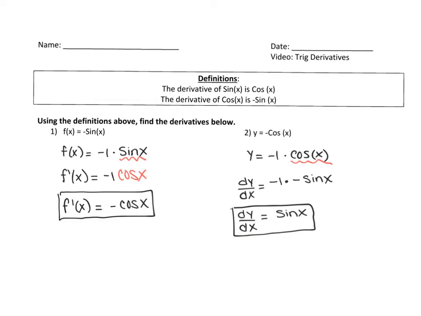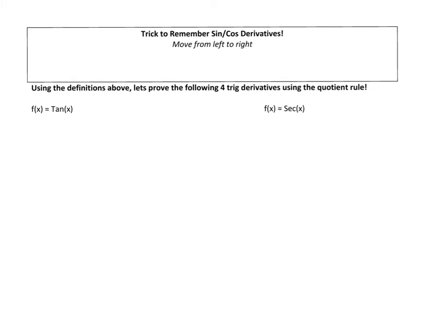Now, these four things might get confusing, and it might seem hard to remember them. So there's a little trick that we could use to memorize the derivatives of sine and cosine. The trick is simply this: sine, cos, negative sine, negative cos. So we move from left to right.